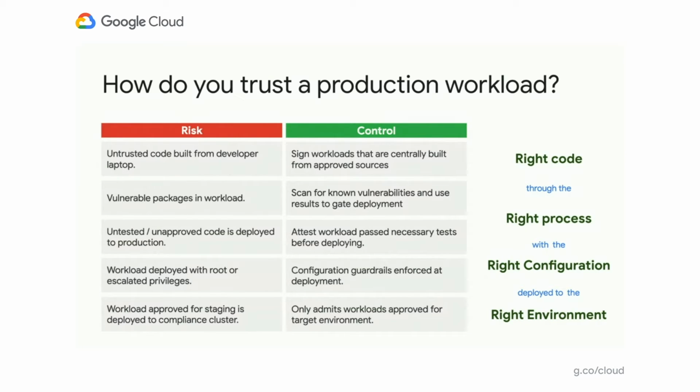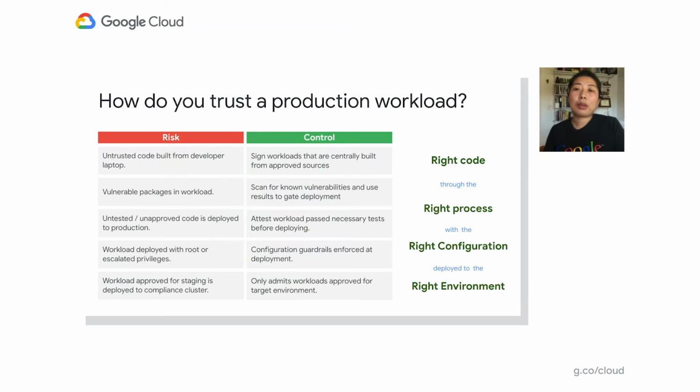The workload may include a vulnerable package. To help with that, all images should be scanned for known vulnerabilities before they are deployed. But that, again, is not sufficient because you have to act on the vulnerability findings by, again, signing it, which verifies that the vulnerability scan bar has been reached before a workload is deployed.